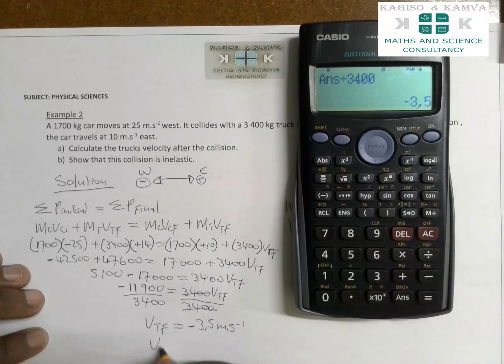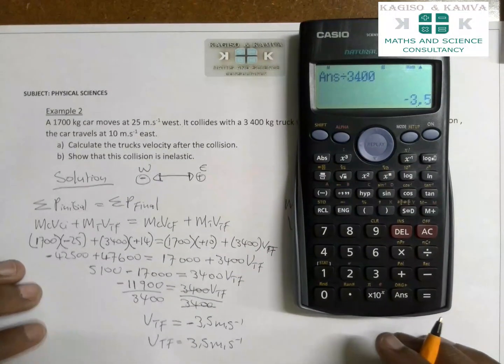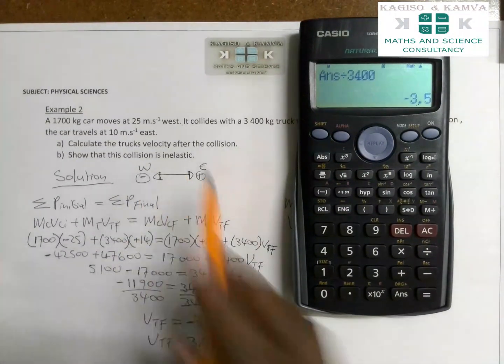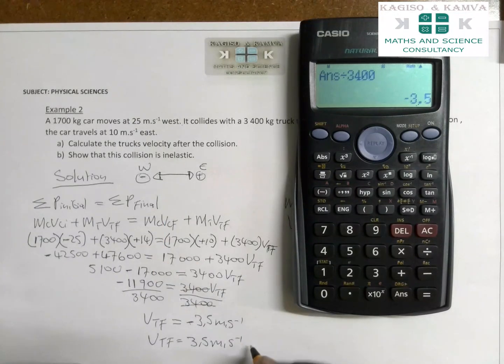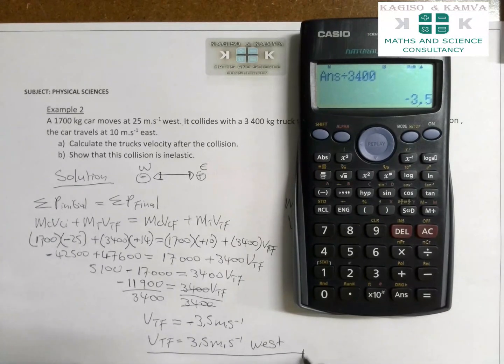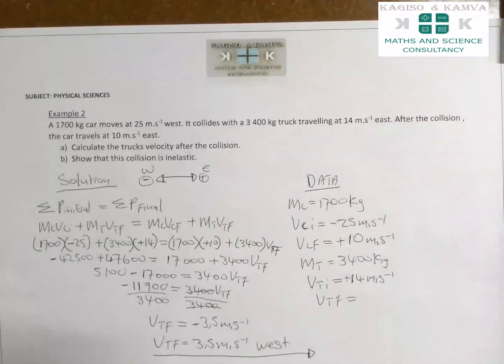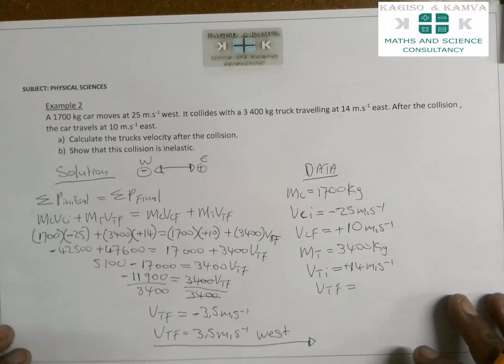The velocity of the truck final is 3.5 meters per second, and because it's negative here, the direction will be west, westward.